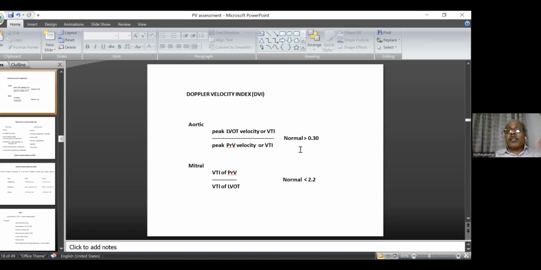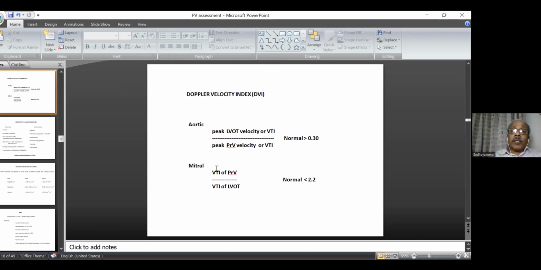There can be some turbulence and this velocity can be more, so that the ratio will be less than 1. The velocity of the aortic prosthetic valve will ordinarily be more than the normal velocity. So you take the ratio of the peak LVOT velocity versus the peak aortic prosthetic valve velocity, it will be less than 1, but definitely more than 0.30. That is normal. In the mitral, it is the other way.